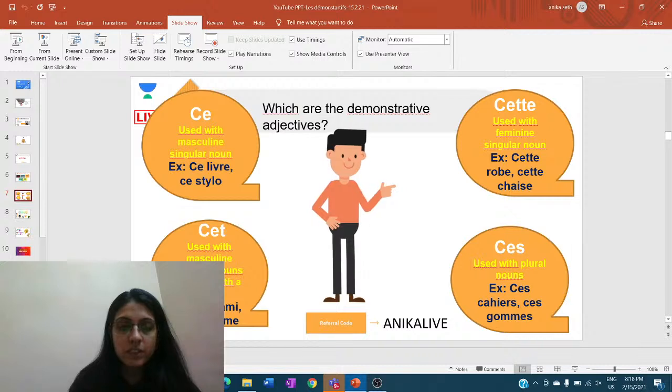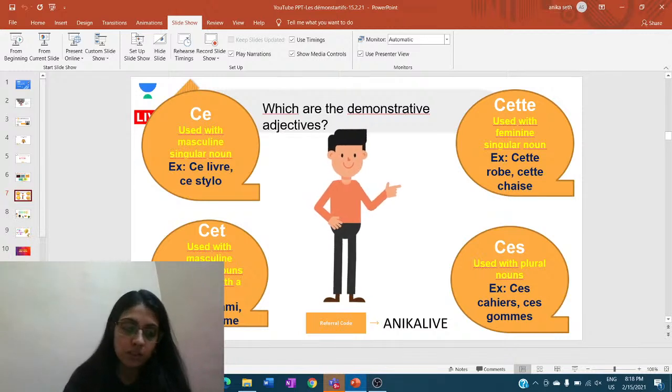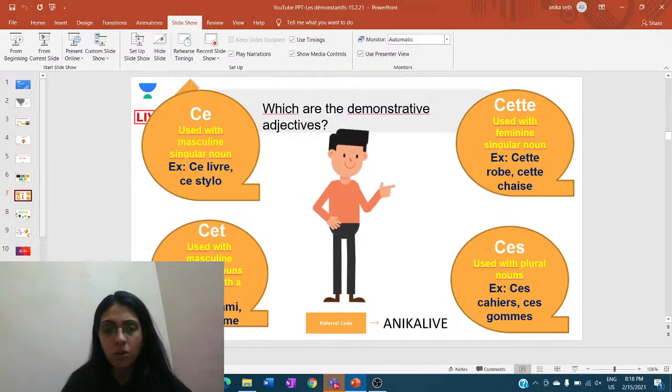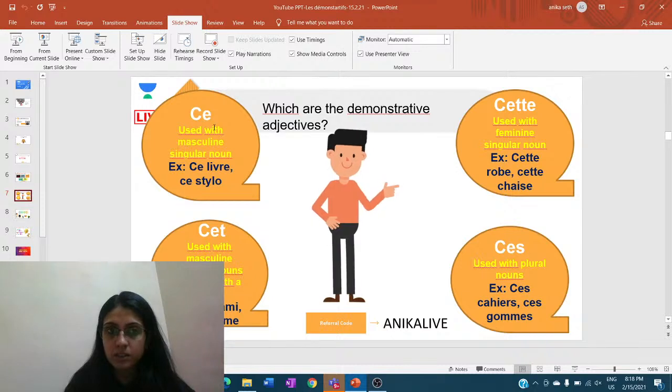Okay, so the reason is that when we put this CE with the noun ami or homme, what would happen is that two vowels will be pronounced together. When we say "ce", this is ending with E, which is a vowel sound.